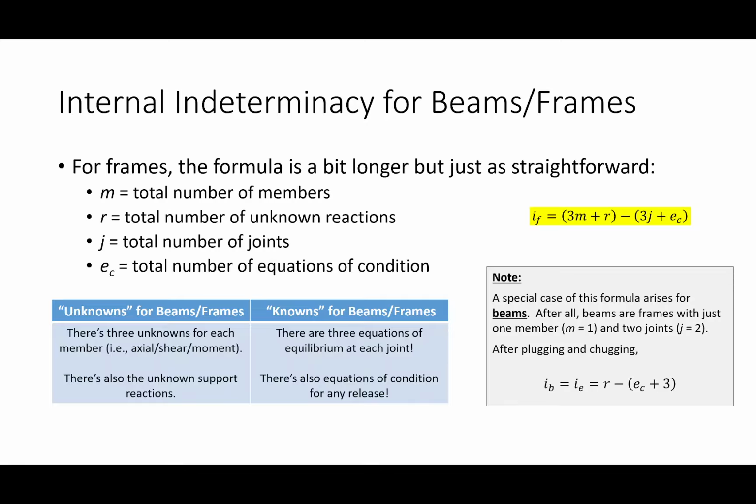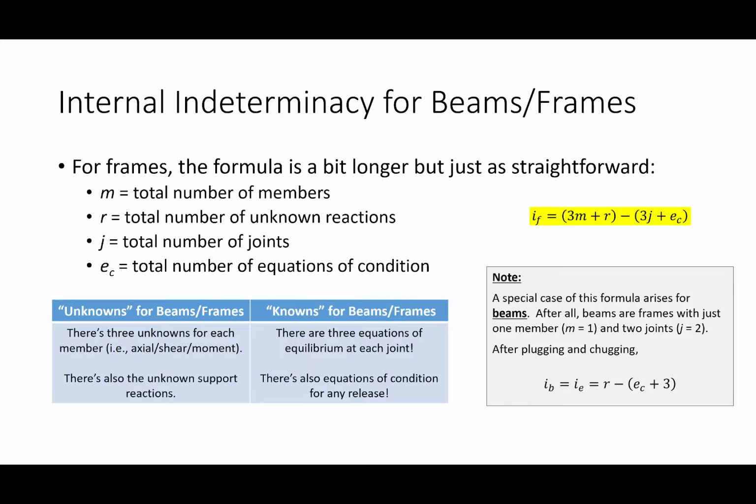How many members does this beam have? It has 1, 2, 3, 4, 5. And how many joints does it have? Well, at the end of each member, what do we have? 1, 2, 3, 4, 5, 6. Okay, does that make sense?